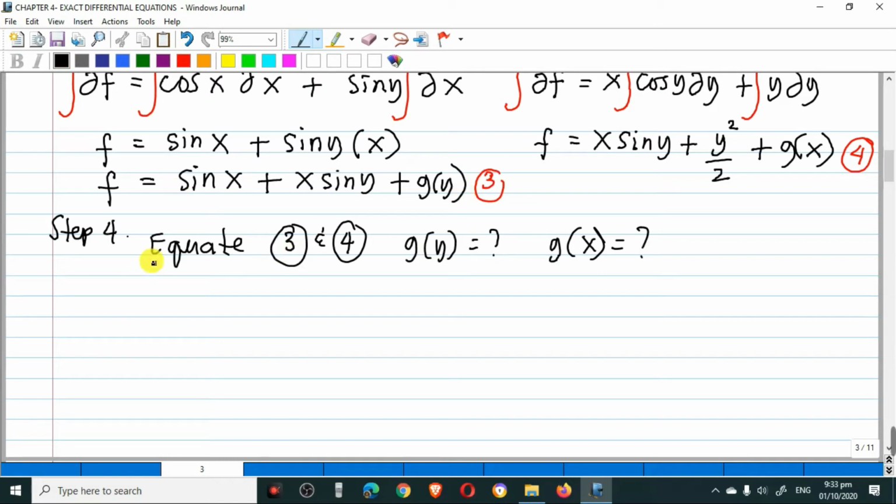So, since equating, I will directly copy yung equation number 3. Ito yung equation number 3 natin. So, that is equals to sine of x plus x sine of y. And this is plus yung constant natin which is gy.